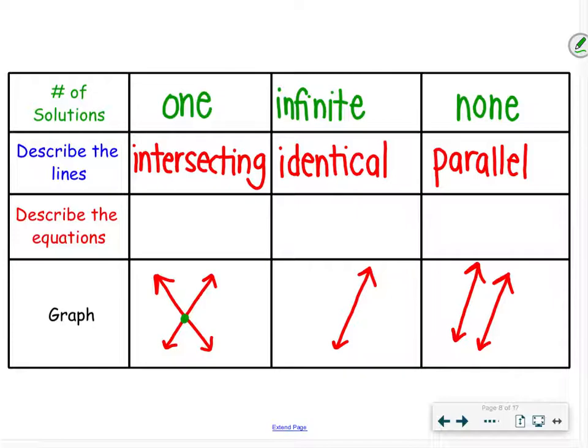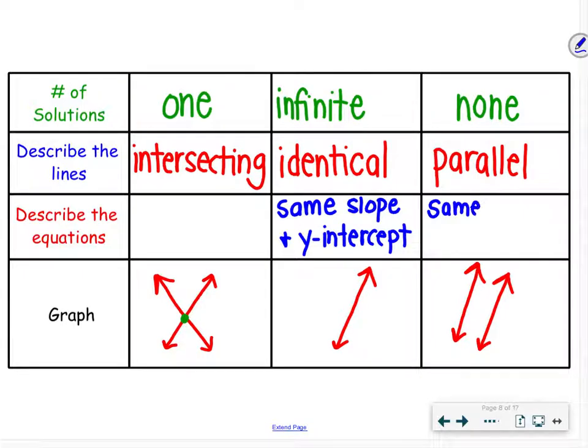All right, now we're going to describe the equations. Let's do identical first because that one is the easiest. Lines that are identical have the same slope and the same y-intercept because they're the exact same line. We already said lines that are parallel have the same slope, but they have to have different y-intercepts, otherwise they'd be the same line.